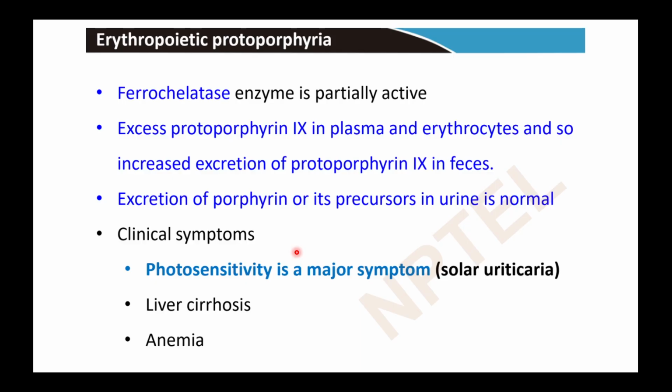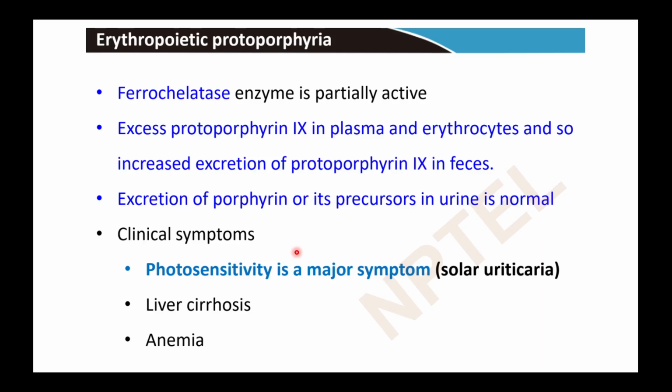So if you remember the role of ferrochelatase, it was in doing the iron insertion in the porphyrin ring, right? Now, since ferrochelatase is defective, there won't be iron insertion, so there won't be any heme synthesis. And as a result, the substrate, that is protoporphyrin 9, will be in excess because it is not getting converted to heme.